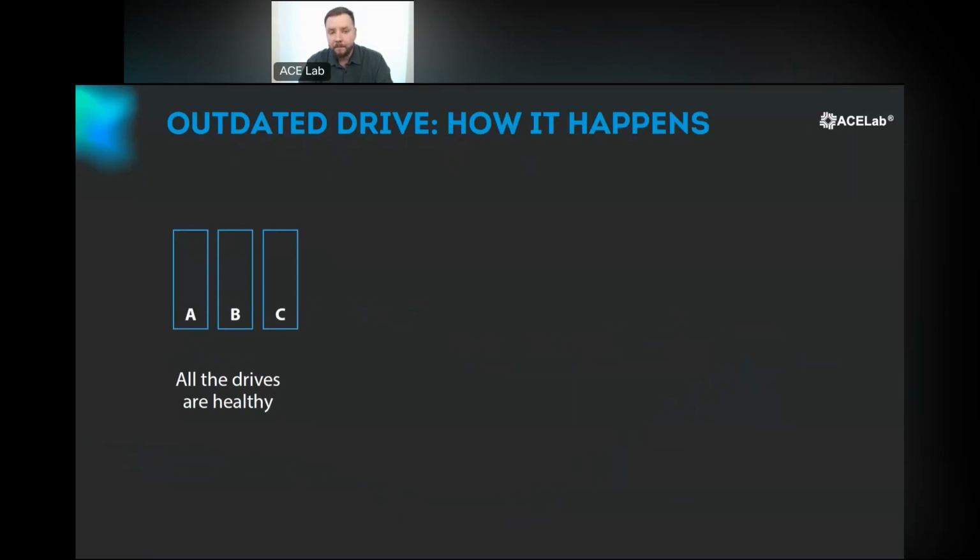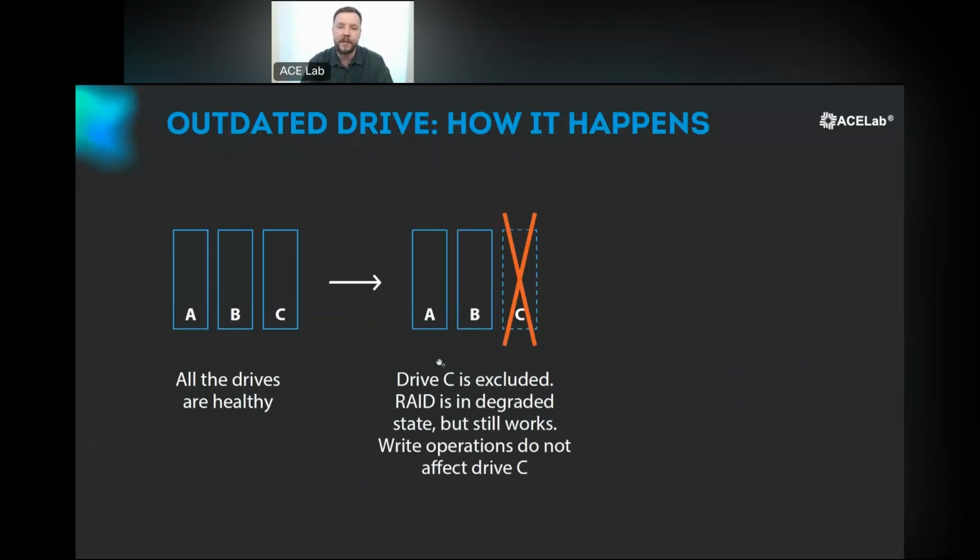And let's talk about the outdated drive issue, how it happens. We start from a healthy RAID array. All drives are healthy, the RAID works fine. We write some data to this RAID, some files, everything is okay. At some point, drive C is excluded, but the RAID is still working, if we talk about RAID 5, for example.